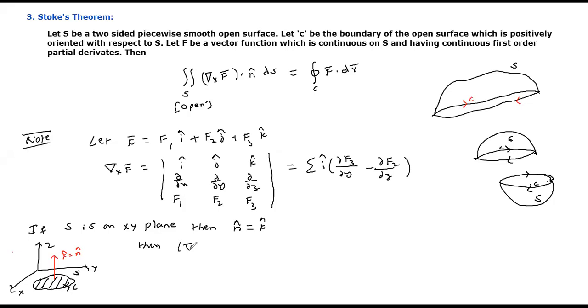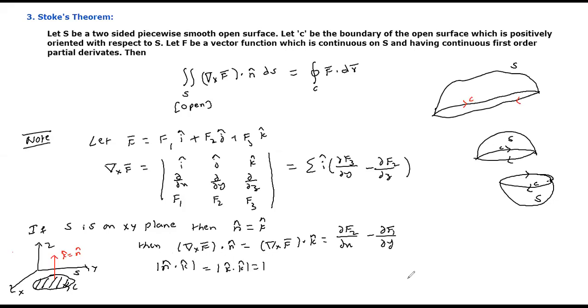The third component is k bar into dou f2 by dou x minus dou f1 by dou y. And n bar dot k bar is modulus of k bar dot k bar, which is 1.